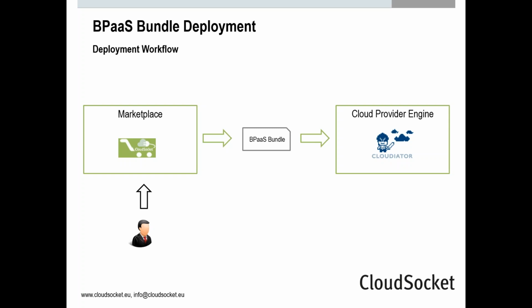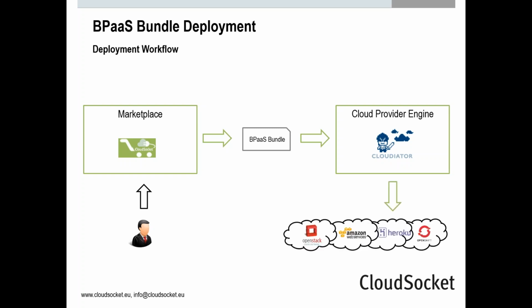And the Cloudiator framework will then take the necessary information out of the BPaaS bundle, especially the information with respect to the cloud providers, and prepare all the required services in the cloud. So, for example, spawn a virtual machine on OpenStack or Amazon, or prepare the environment on the platform as a service providers such as Heroku or OpenShift.